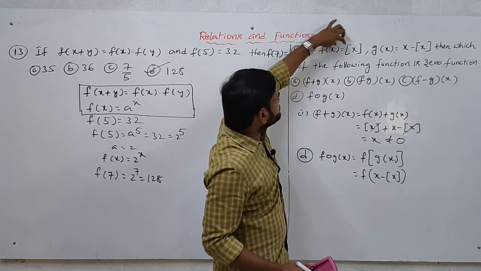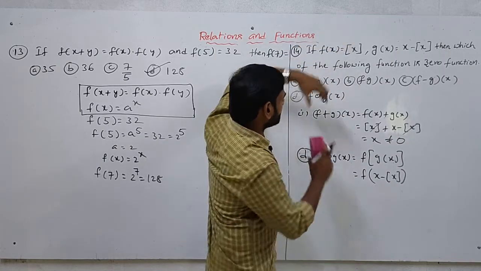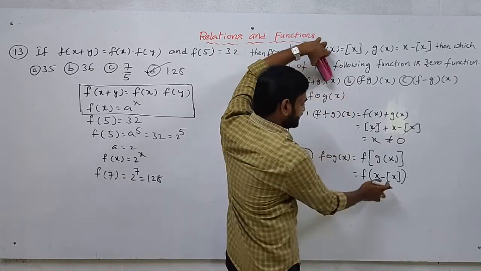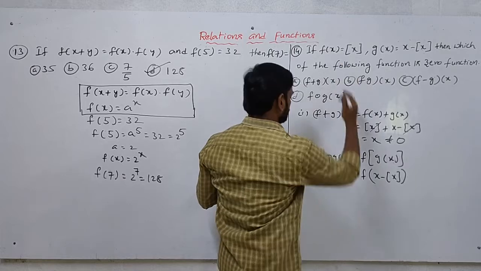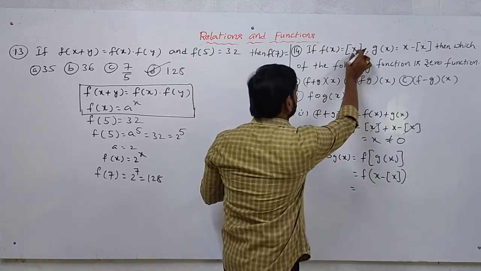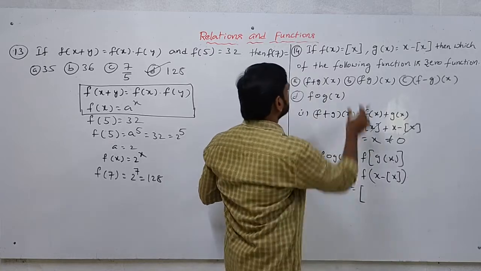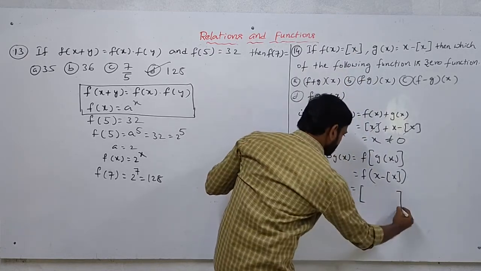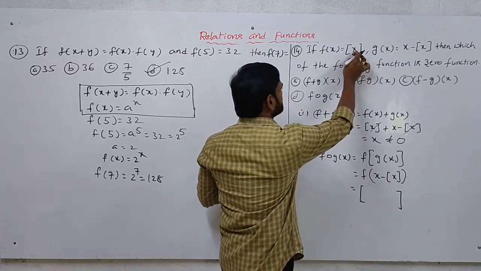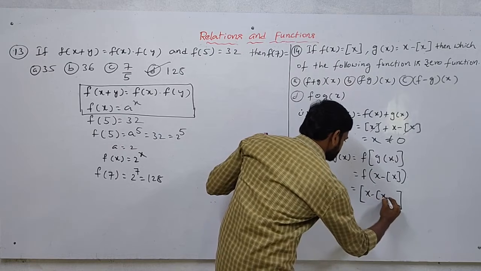What is f of x? f of x is step x. Now, in place of x, we have x minus step x, so in place of x we write the whole bracket. That is step of the whole bracket, x minus step x.